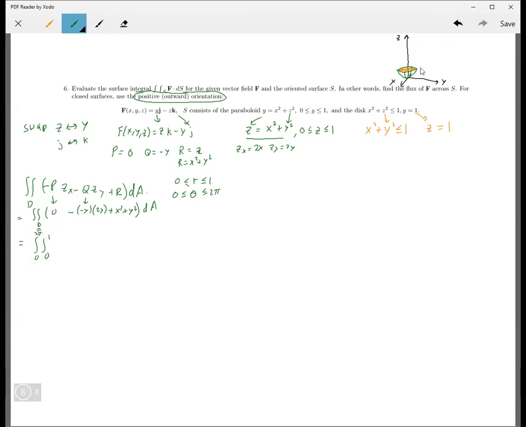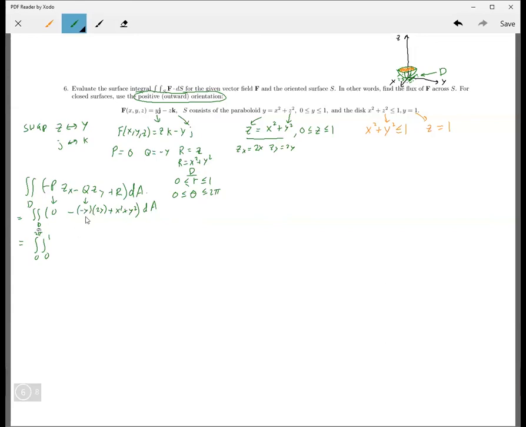Because, okay, look at the picture over here. If you project this down, we're really integrating across this circle down here in the xy plane. That's really what this D is. D is the circle down here that we're integrating across, and that's where the action happens.